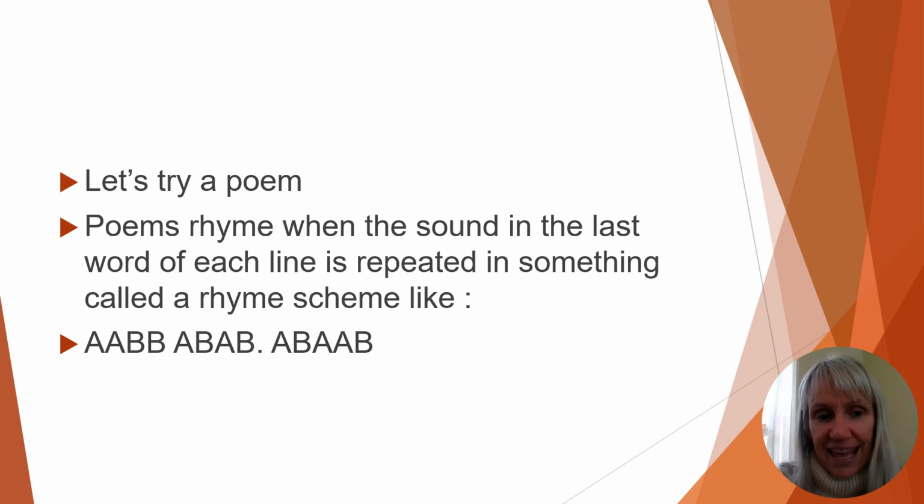So that's AABB. If my first line ends in one sound and my second line ends in another sound, that's AB. And I can repeat that rhyme that way. That would mean that my third line rhymes with the ending sound at the end of the first line, okay?